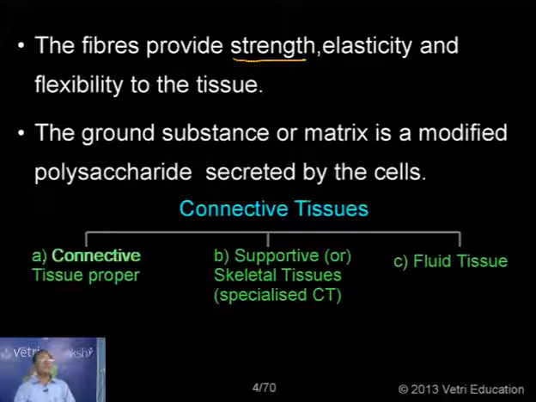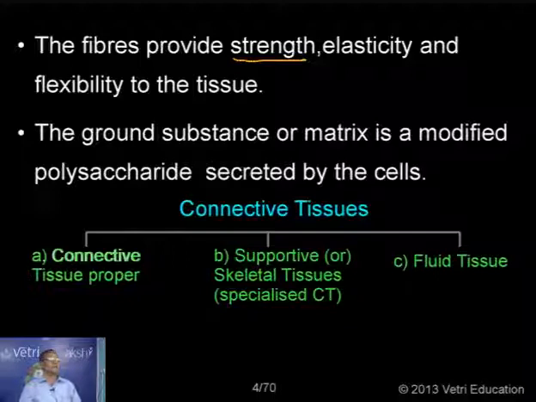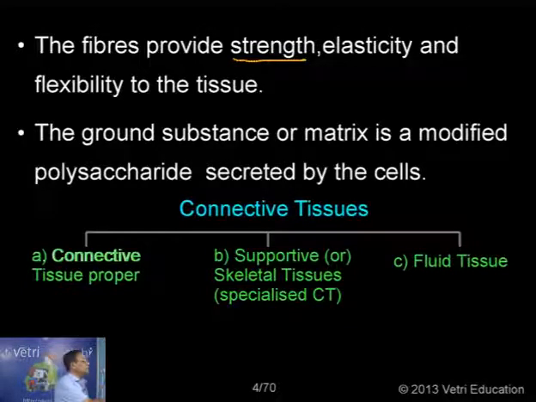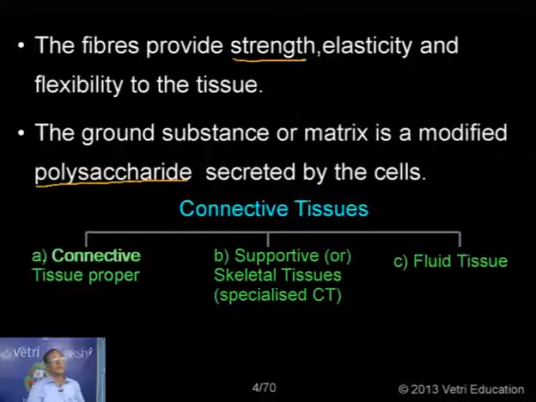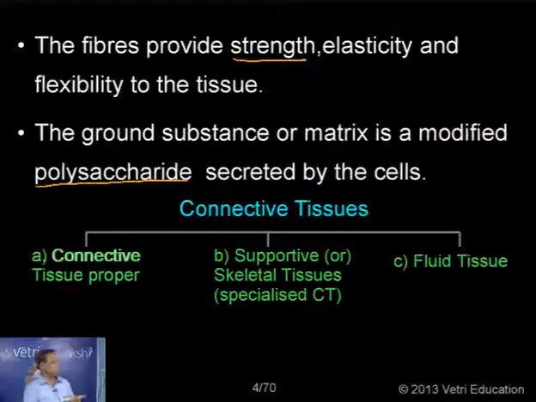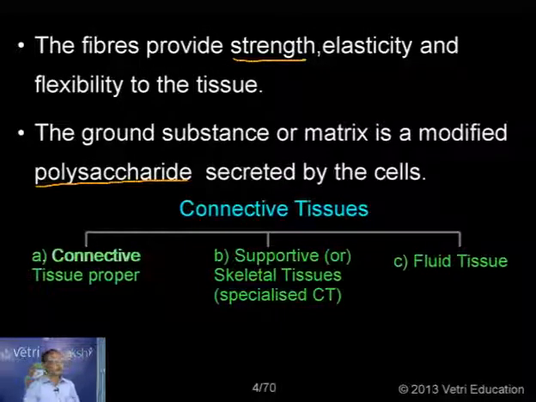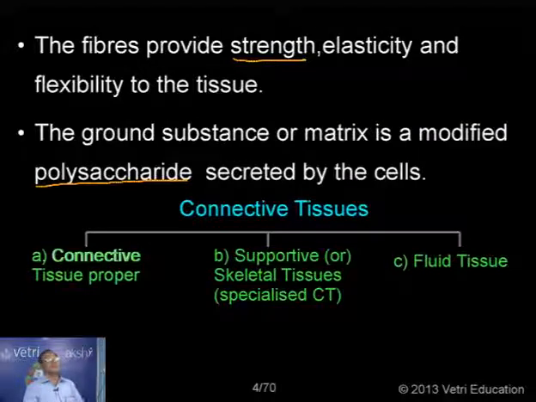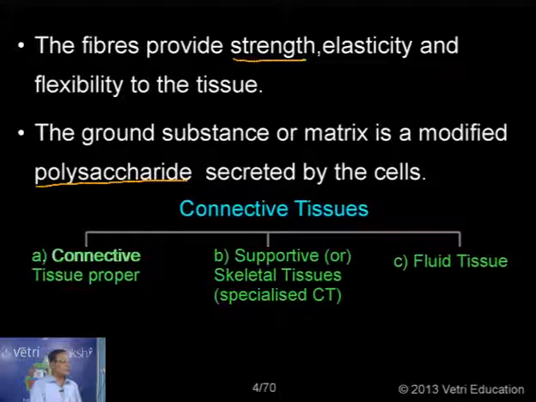It is a modified polysaccharide, converted to sulfate. That polysaccharide is a kind of carbohydrate. We study, for example, starch, glycogen, cellulose, like that. This is a polysaccharide containing some amino groups, secreted by the cells. The cells are responsible for secreting the fibers as well as the matrix.